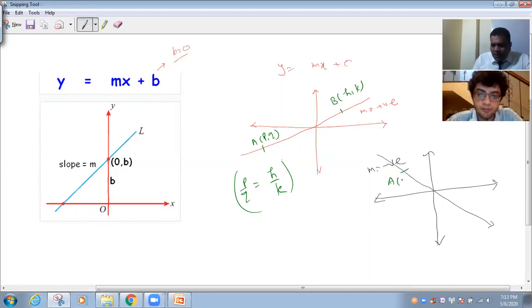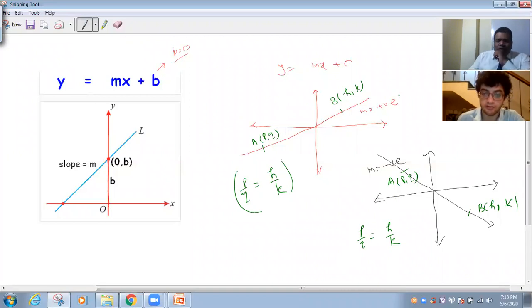You take any point A, P, Q, take anywhere B, H, K. So we can say same, P by Q is equals to H by K. Okay, understood? Copy this.